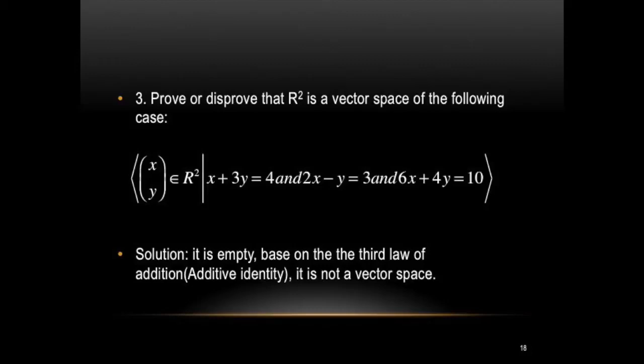The solution is empty because there is no solution in the second condition. Based on the third law of addition, the additive identity, this R2 set is not a vector space.